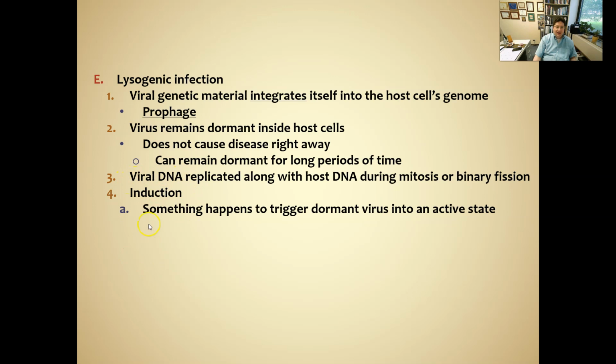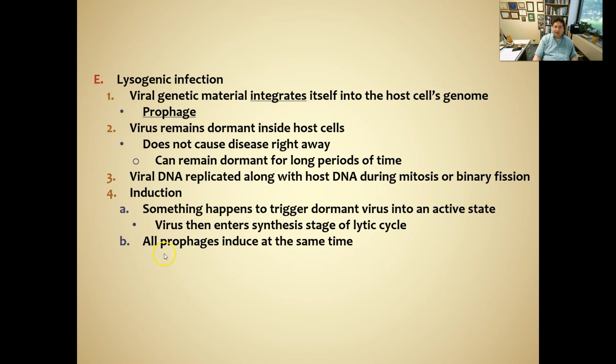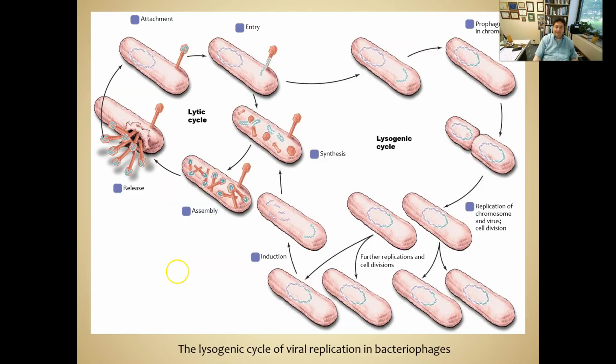Now, during induction, something happens environmentally or internally that triggers that dormant virus into an active state. The virus now chops up the host cell's DNA and takes over the cell. And remember how I said all the viral DNA is copied in the daughter cells? They all induce at the same time.